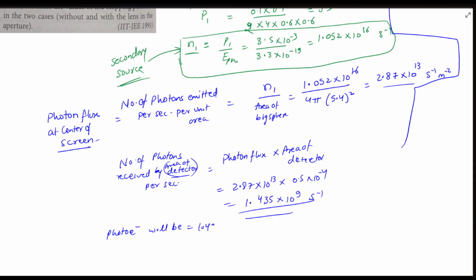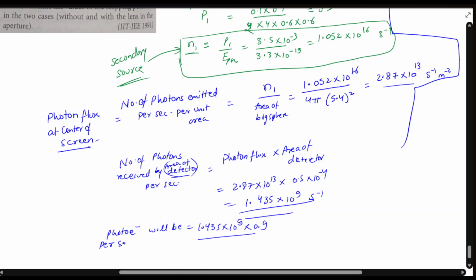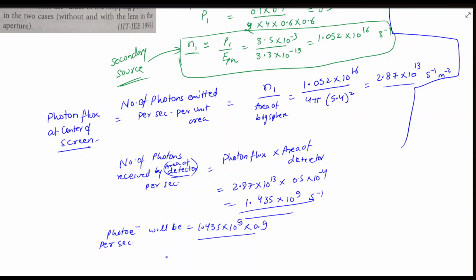So it will be 1.435 into 10 raised to power 9 into 0.9. So these are the number of electrons, the photoelectrons per second. And we need to find the current.